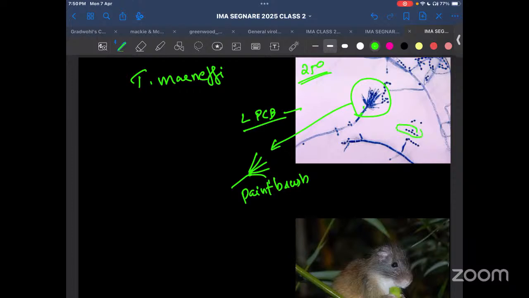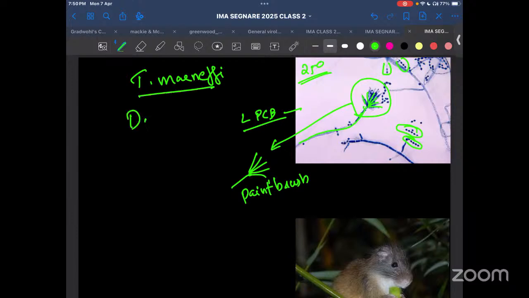These are the conidia of this organism, the reproductive structures. These are not cocci, you may get confused, but this is lactophenol cotton blue staining, and you can see the hyphae and the brush border or paintbrush appearance typical of Talaromyces marneffei.